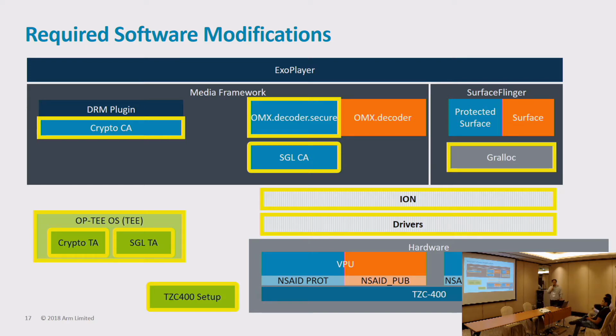Actually, in OP-TEE OS, it's not a critical function change, okay? And we need a crypto TA, SGR TA, SGR CA, and the OMX decoder changes, kernel changes, and driver changes. We do not mention the hardware change here because the hardware already supports this mode.